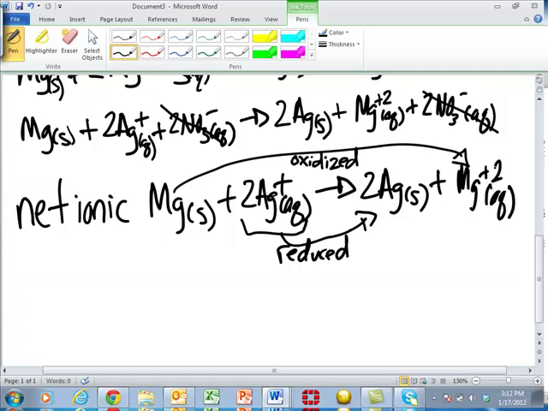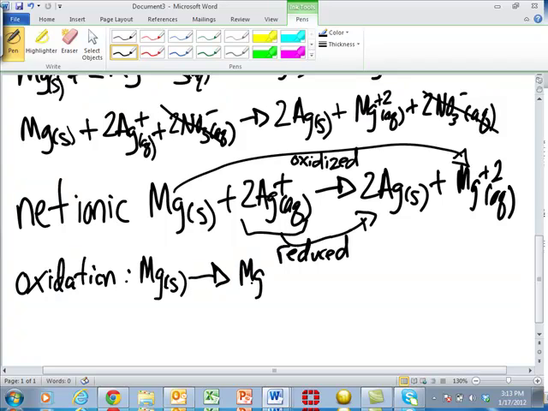Its value increases. So our oxidation half reaction is going to be solid magnesium, and we end up with a charge of +2 over here. So we have magnesium +2.